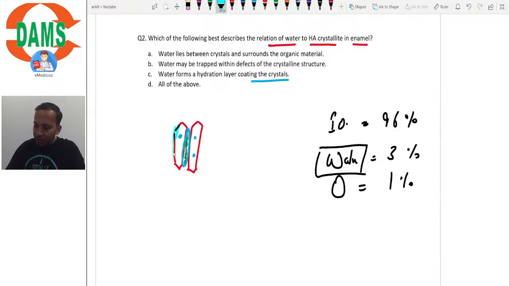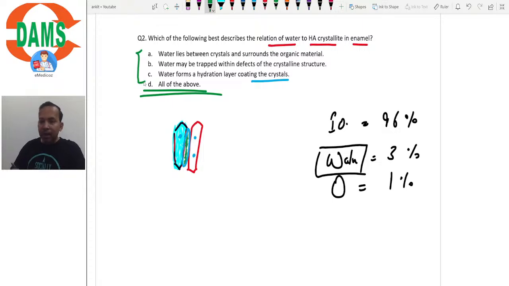So this entire crystal is coated with a layer of water, and that too is a correct option. So all of the above are correct options. Water lies in these three spaces.